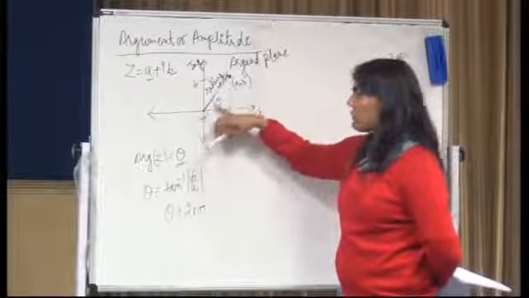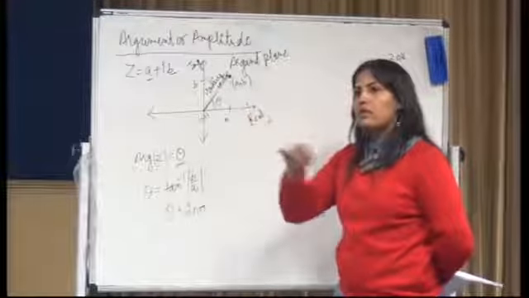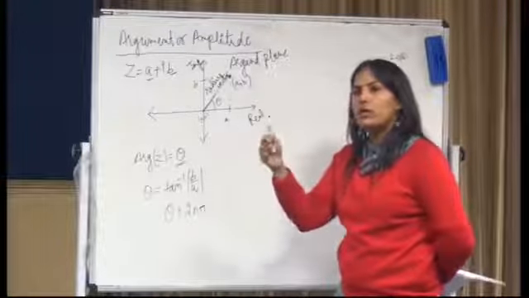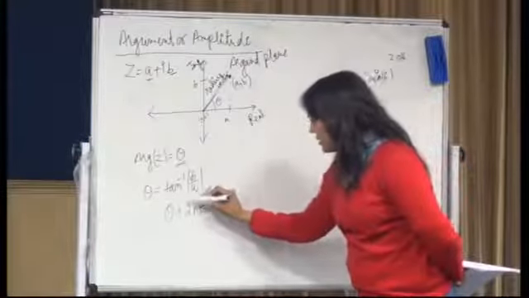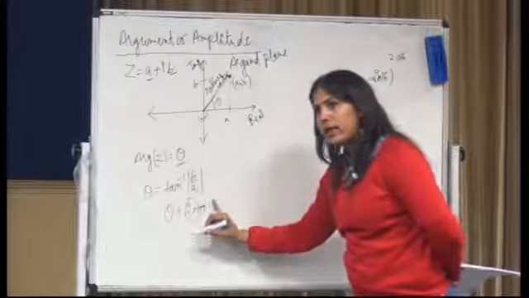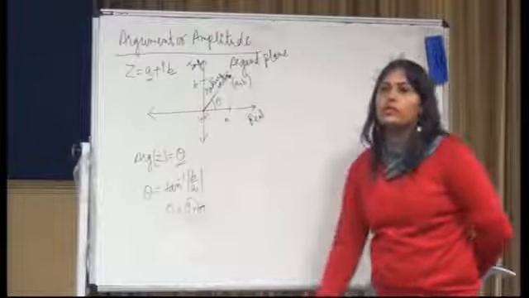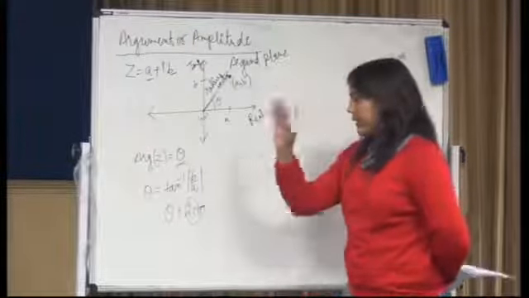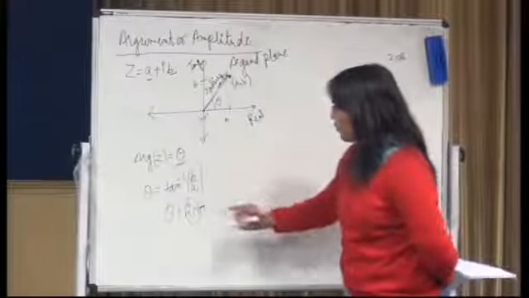So if 60 is the angle, then 2 pi plus 60, then 4 pi, then 6 pi, even multiples of pi. I am taking 2n. Adding even multiples of pi to the angle will again be an argument. So for a point, how many arguments do we have? Infinitely many. There is no counting. n belongs to natural numbers.